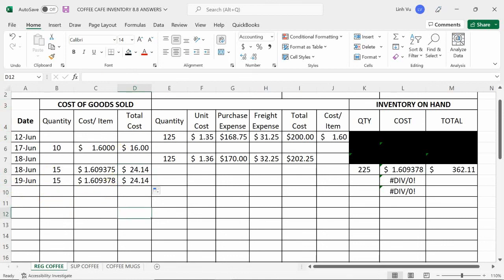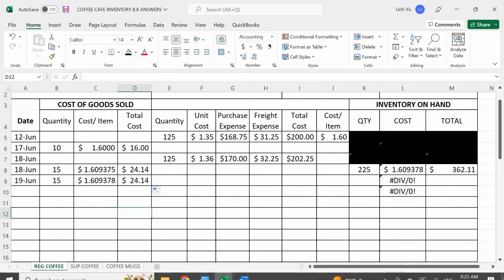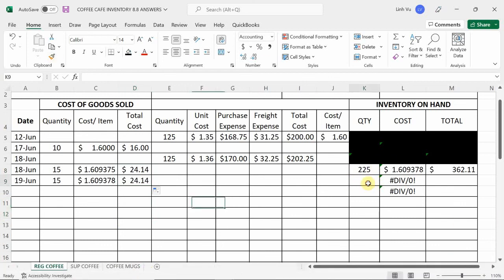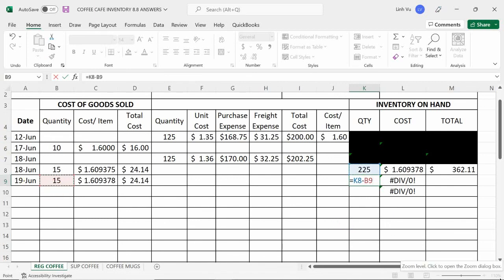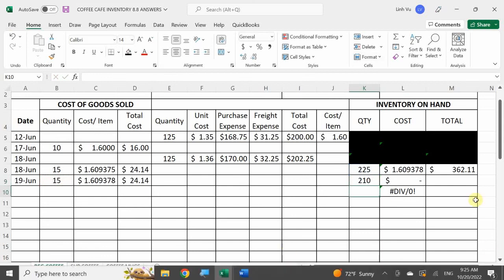now I can go ahead and update my inventory. If I had 225 pounds and I just sold 15 pounds, how much should I have left? 210. Okay? And what about my total cost?